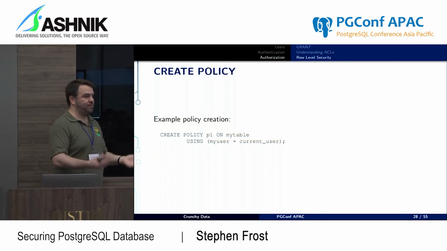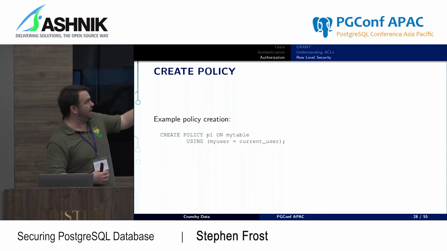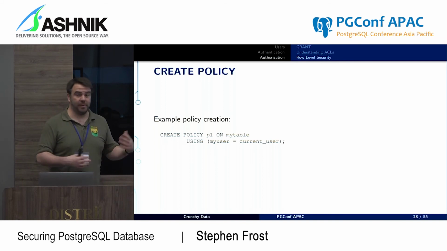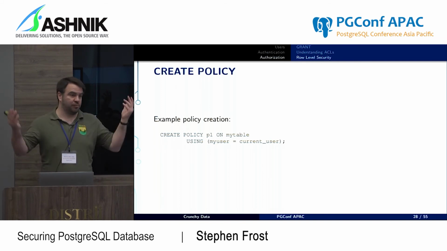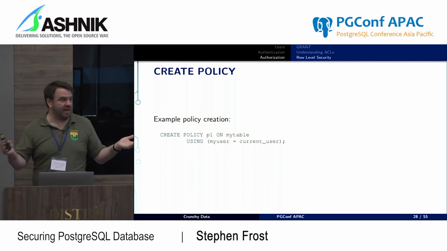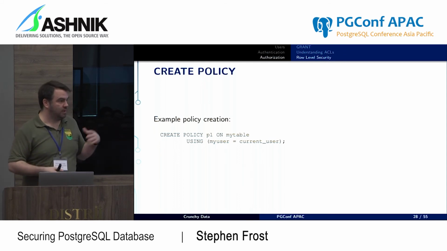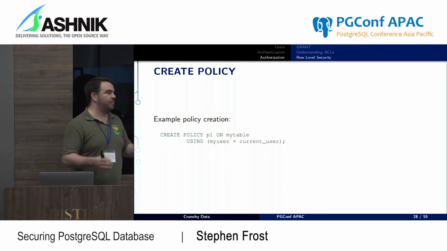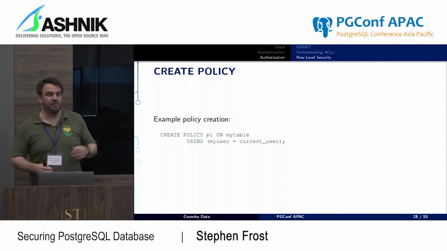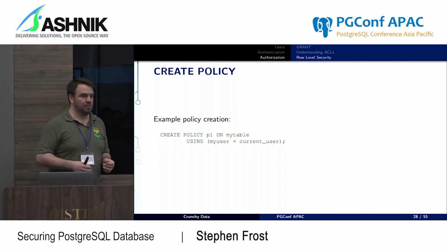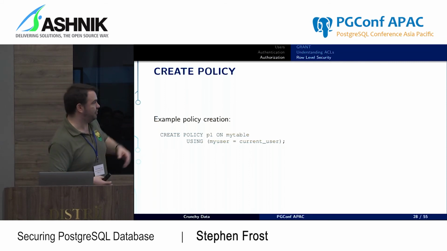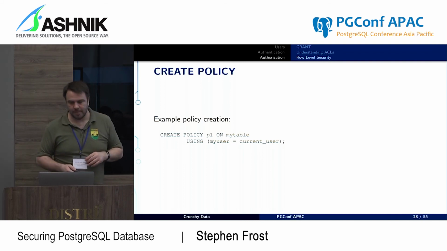If I try to update this table and change that my_user column to be something other than sfrost, Postgres will throw an error. If I try to insert a row into that table where I specify my_user as some other user, not sfrost, Postgres will throw an error. Those are policy violations under row-level security.